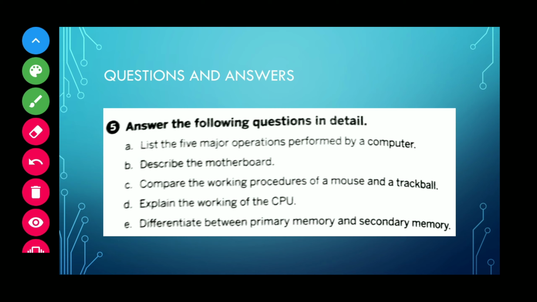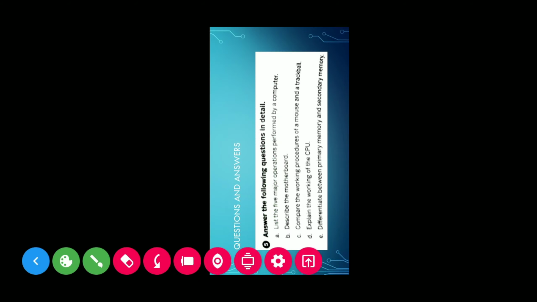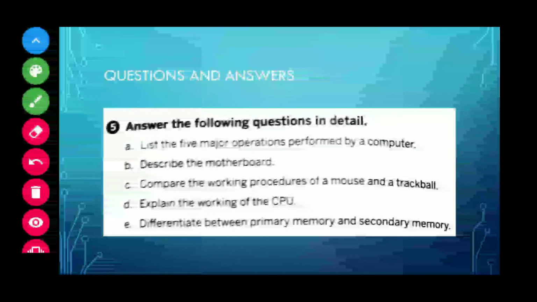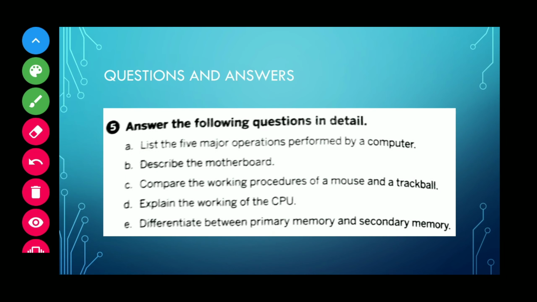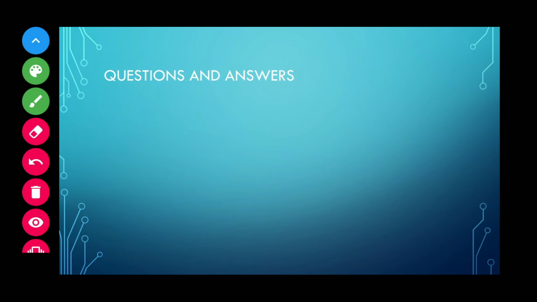Students, already on page number 7 in the PDF you will get the major operations or functions performed by the hardware components of a computer. So I'm just giving the answer. For now we are going to solve the question answers.